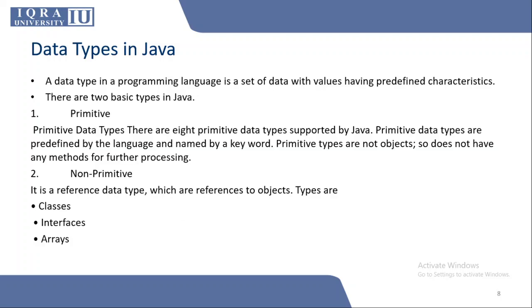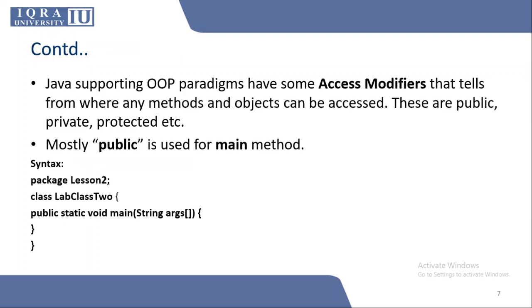So before going further to data types in Java, I will create a project and include this main method. You will see how a project is created and how package and lab classes are included in that project.